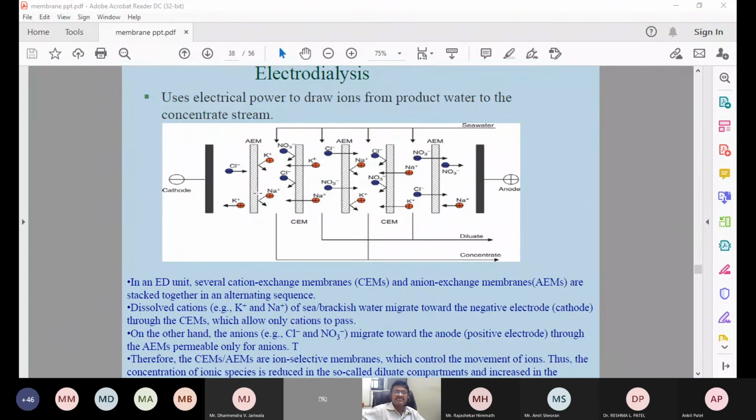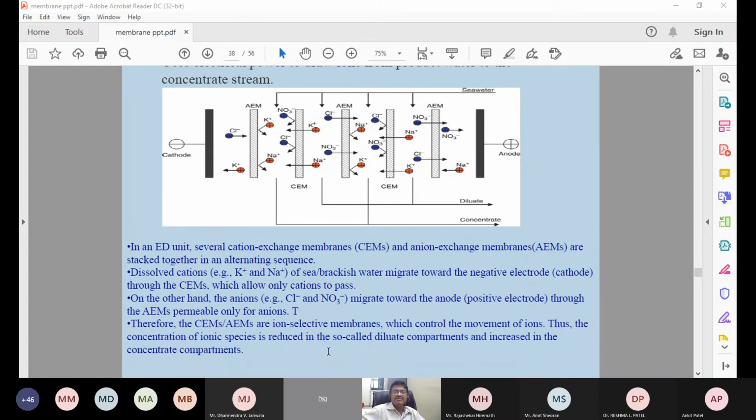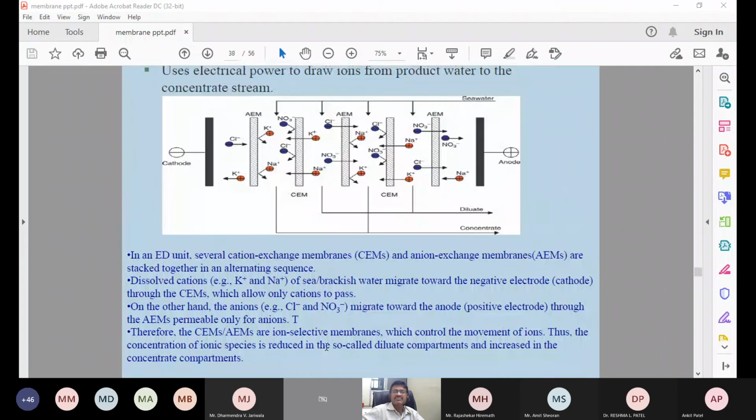So how are we doing this? How are this anion exchange membrane and cation exchange membrane prepared? What we are doing is, in one membrane we have the SO3- sulfonated groups.